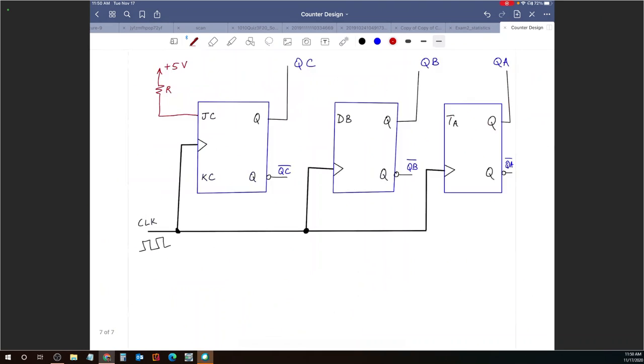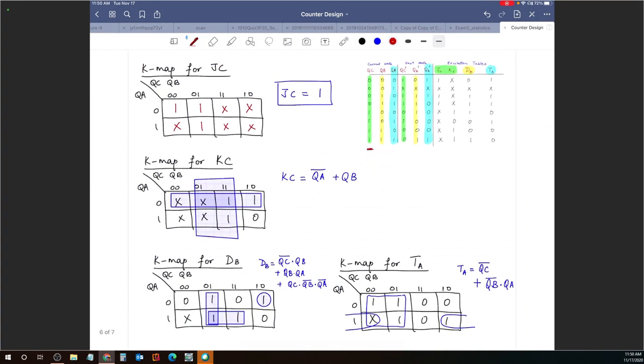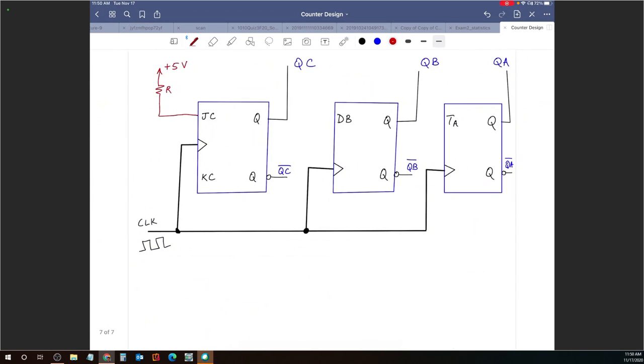How about KC? Well, let's look back. KC equals QA complement or QB. All right, so I would need an OR gate. Let us use an OR gate here. The output goes into here.